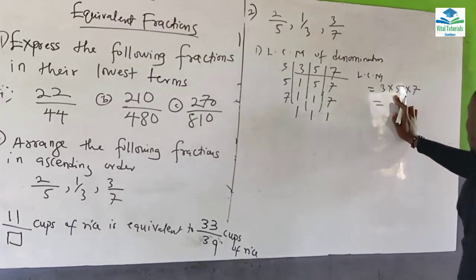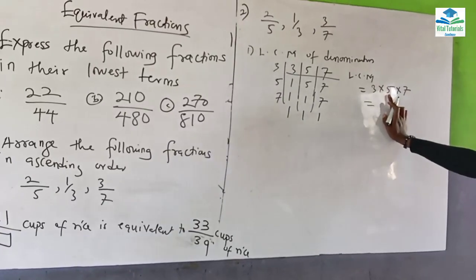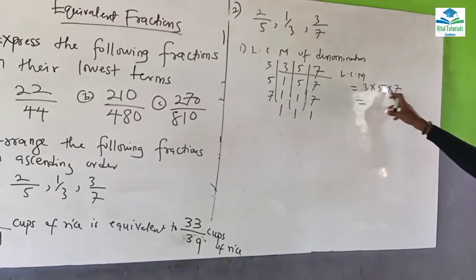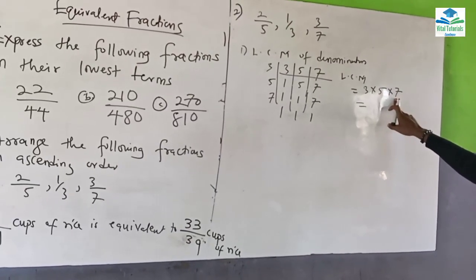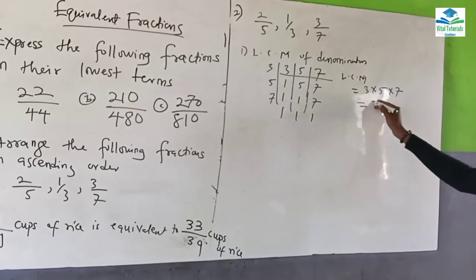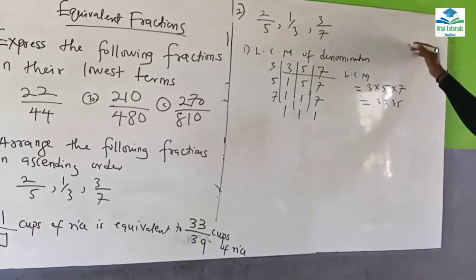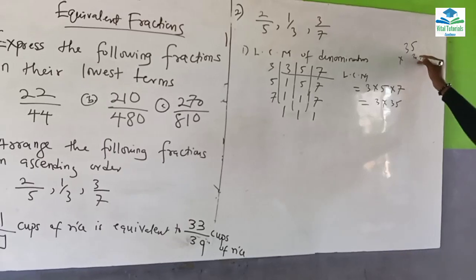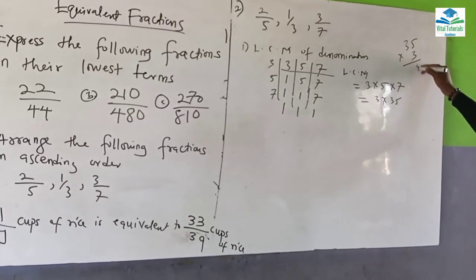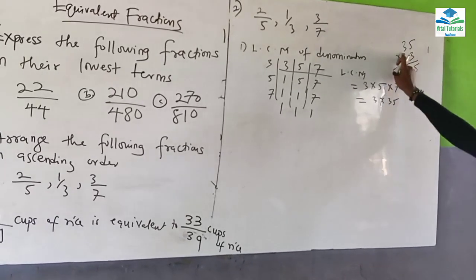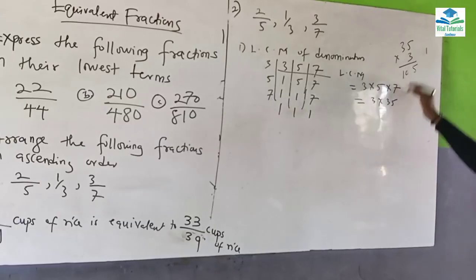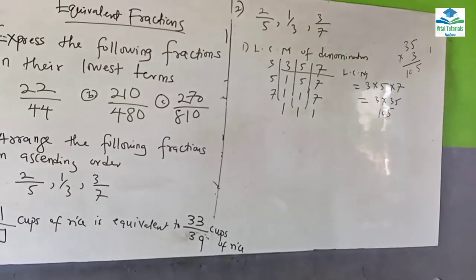Okay, let's go like this. 5 times 7 is 35. So 3 times 35. Let's see what that will give us. 3 times 5 is 15, 5 carry 1. This gives 105. The LCM is 105.